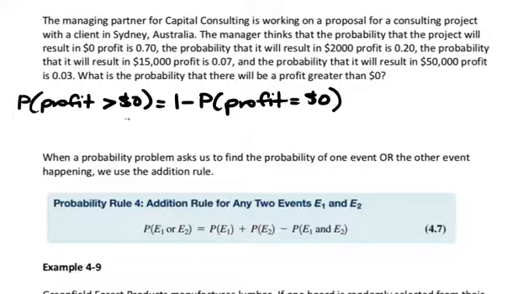We're not considering here the probability that we're losing money, but the worst that could happen is that we have $0 profit. So the probability that the profit is equal to $0 is 0.70. So this is going to be 1 minus 0.70, which is 0.30, or a 30% chance that there's a profit greater than $0.